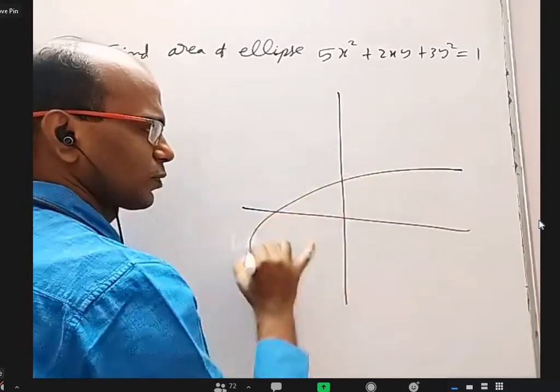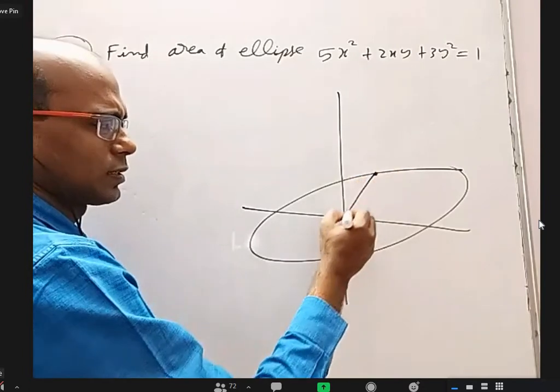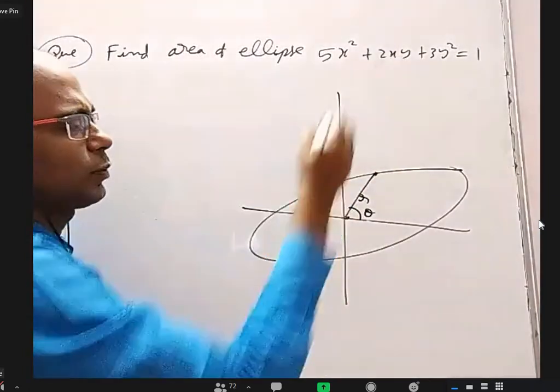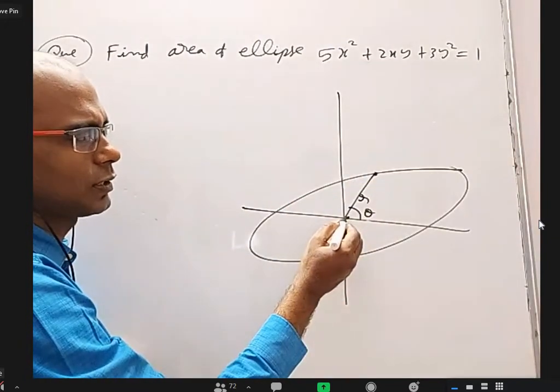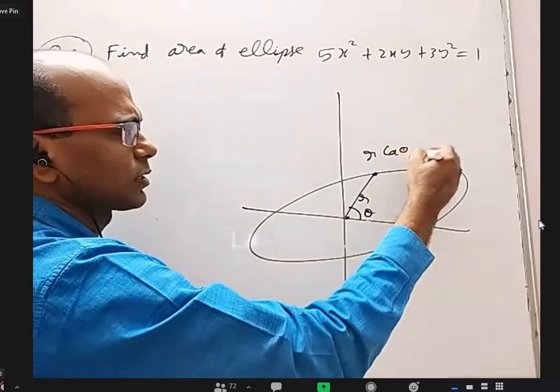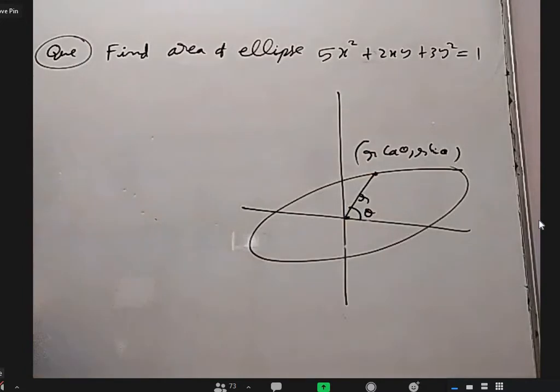This is my rotated ellipse. I'll take any point on this as R, and this angle is theta. That means you take any point, the distance to the center, the origin, is R and the angle is theta. This point will be (R cos theta, R sin theta). This point should satisfy this, right? Substitute it.